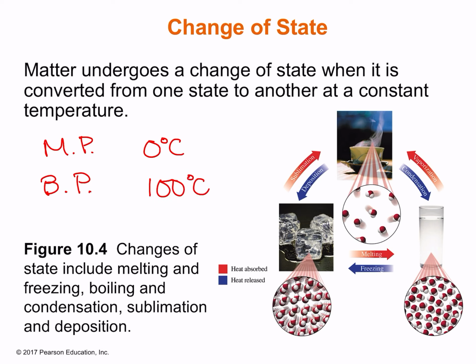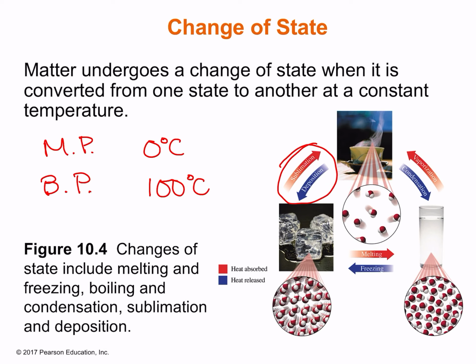And so at these temperatures, water will freeze or melt. So at the melting point, it can freeze or melt. At the boiling point, it will boil or it will condense, okay? And then this other one, we're not going to worry about right now, sublimation and deposition. Sublimation is where it goes directly from a solid to a gas.